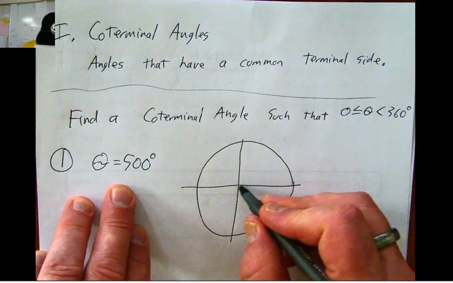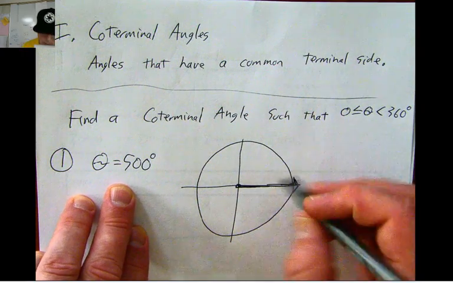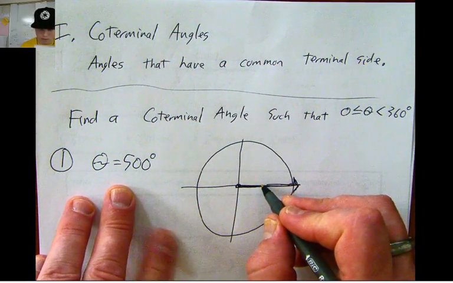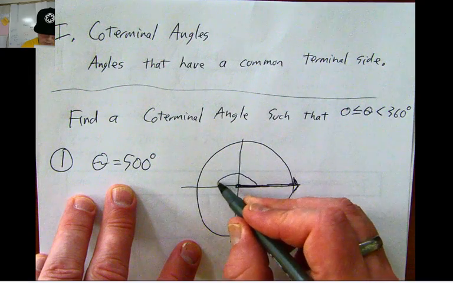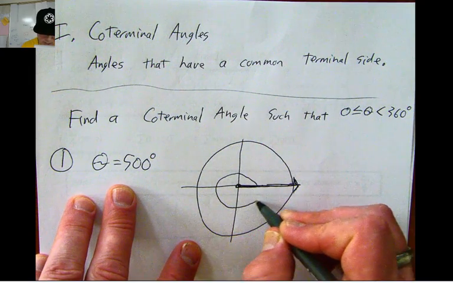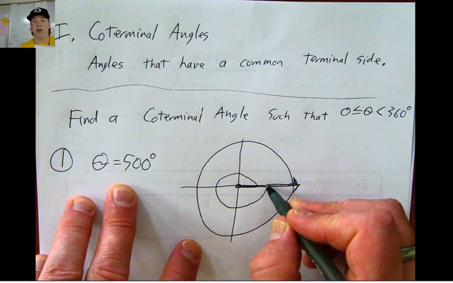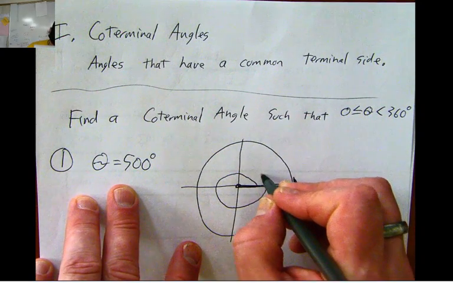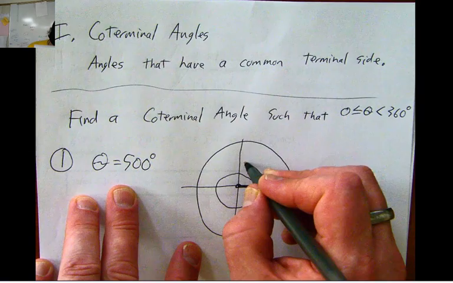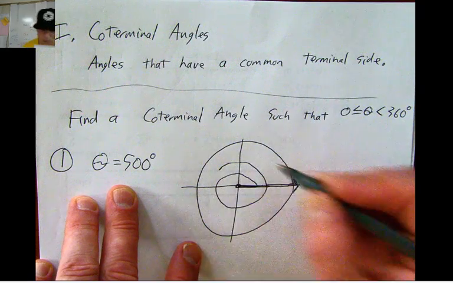You start here from the initial side at 0, and we start traveling counterclockwise. I go 90, 180, 270, 360, one time around the circle, but I still have another 140 degrees to go. So 360, that'd be 450, which means 500 would be roughly there.